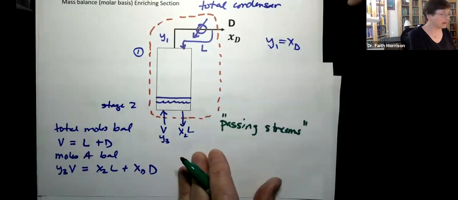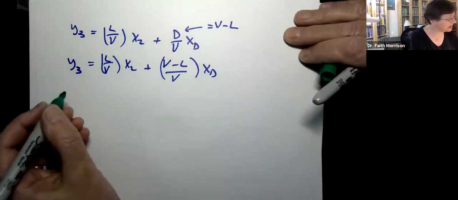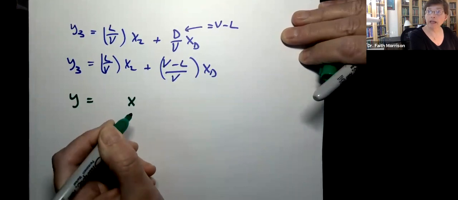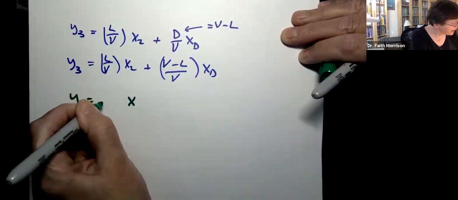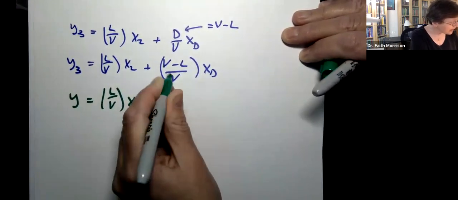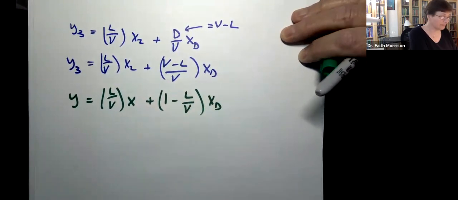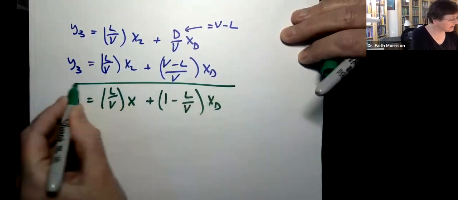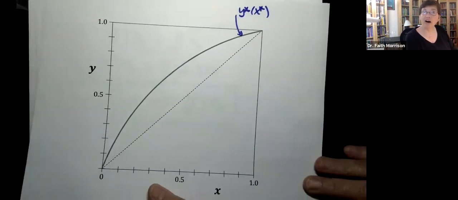So I can write the balance I just did for these passing streams as generally true for Y and X in this upper section, in the enriching section of the column. So Y equals L over V X plus, well, I can say 1 minus L over V XD. So this is a line, Y versus X. It's a line that we can draw here on the XY graph.